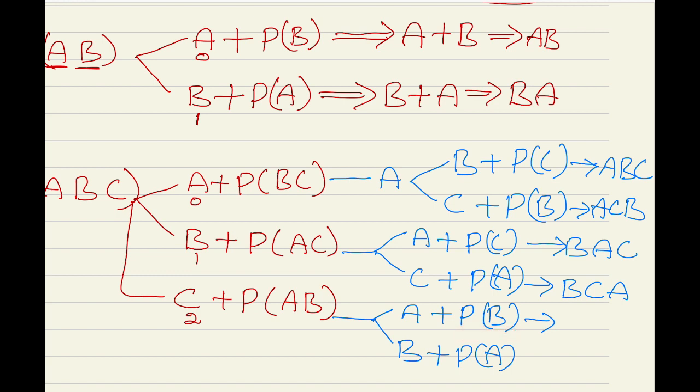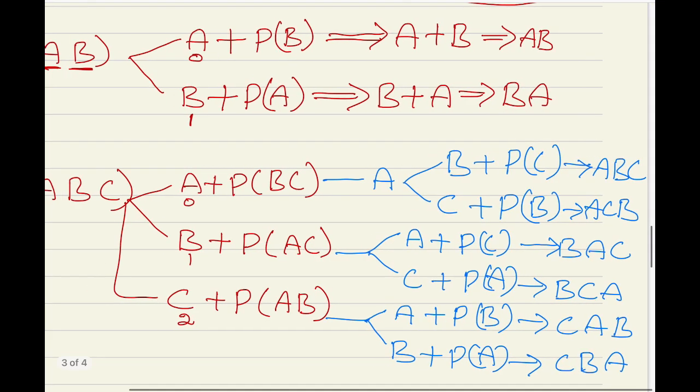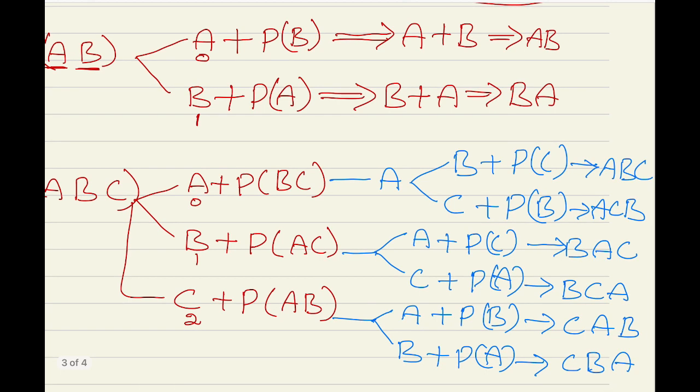So it is C, A, B, and here it is C, B, A. So you can observe we are getting 6 possible permutations: ABC, ACB, BAC, BCA, CAB, CBA.